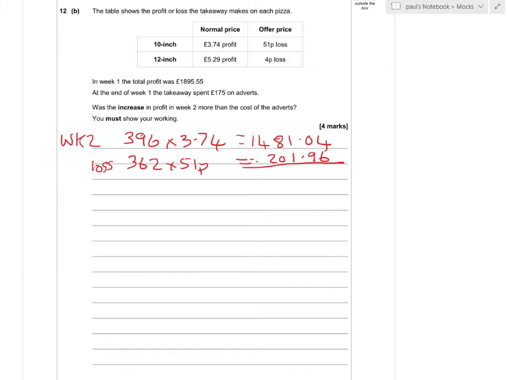So if I take one away from the other, 1481.04, that just means we made a profit. Take away 201.96. So 1279.08 10-inch profit.